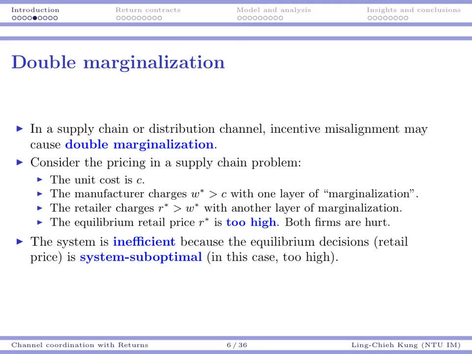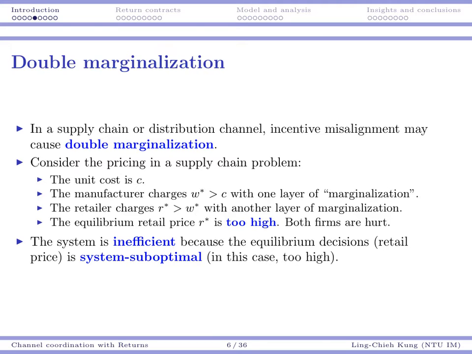Ideally, it should be at some level, but with two layers, the retail price is higher than that efficient level. Both firms are hurt due to this double marginalization, and we say this system is inefficient because the equilibrium decision, in particular the retail price, is too high.